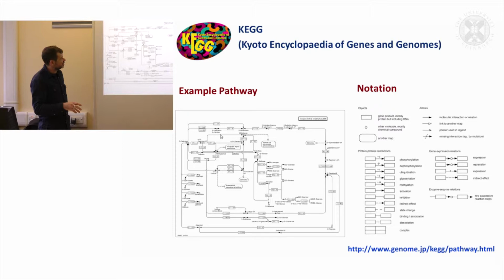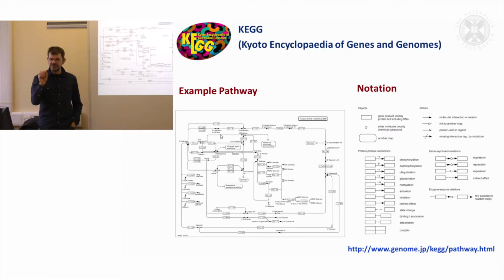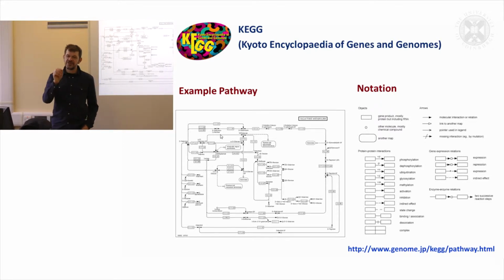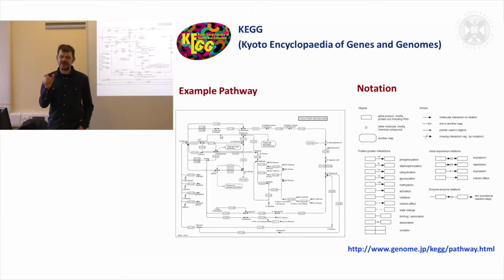But essentially what KEGG has done is it's got a notation. So I want to introduce, first of all, the idea of a notation system. A notation system is a way of drawing. It's a formalized system by which you can represent entities and interactions between entities.